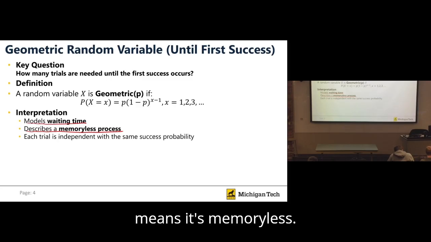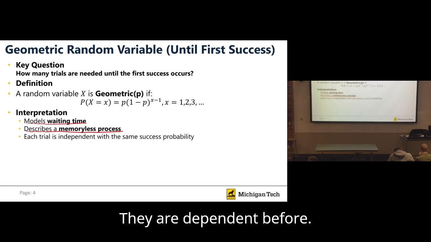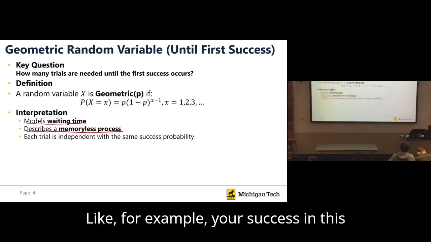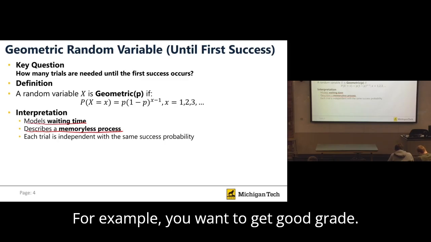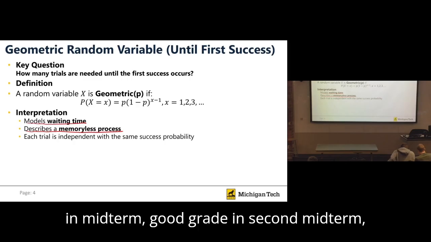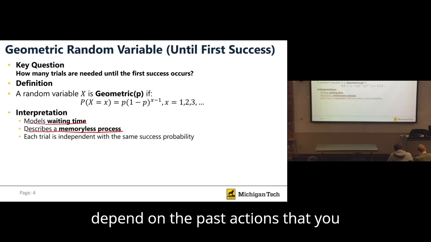That means it's memoryless. Some phenomena are not memoryless. They are dependent on what came before. For example, your success in this class is not memoryless. If you want to get a good grade in the final, you need to have a good grade in the midterm, a good grade in the second midterm, and then the final. Passing this class depends on the past actions that you did.